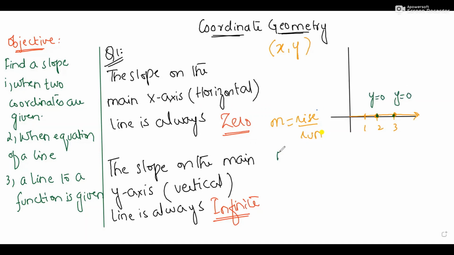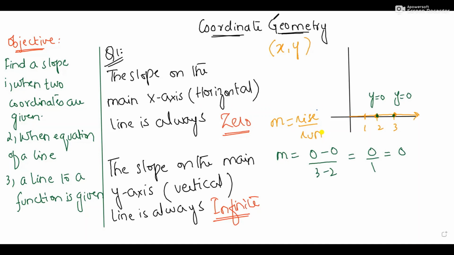So if I substitute the values, rise is basically the y-axis: 0 minus 0, divided by run, that is 3 minus 2, x2 minus x1, equals 0 upon 1, which is always 0. Hence it is proved that the slope of the main x-axis, that is the horizontal line, is always 0.